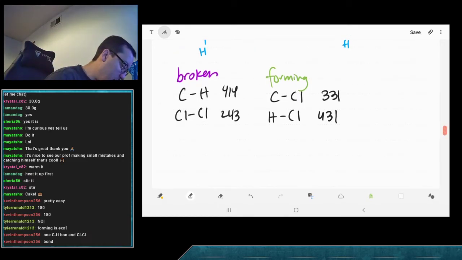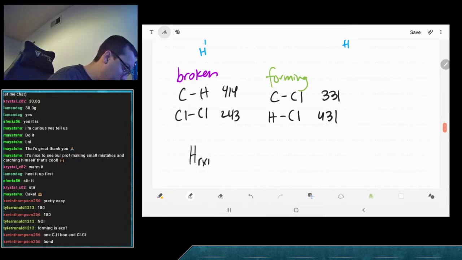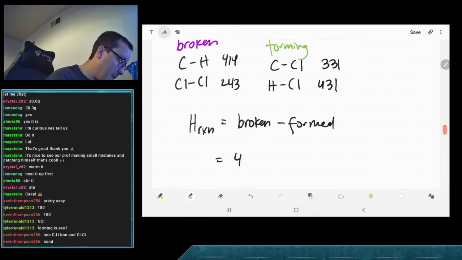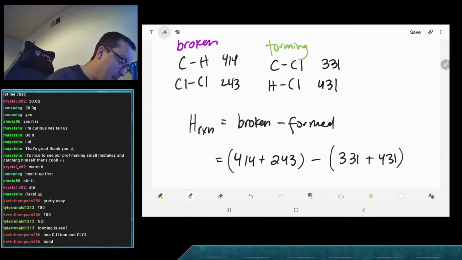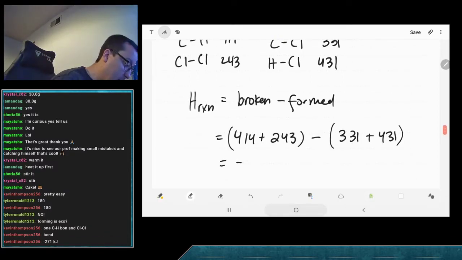So if you remember, what we're going to do is broken minus formed. That's going to be 414 plus 243 minus 331 plus 431. Kevin, oh my god, he's already got it. Okay.